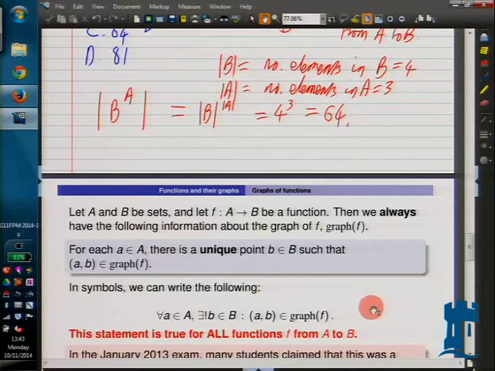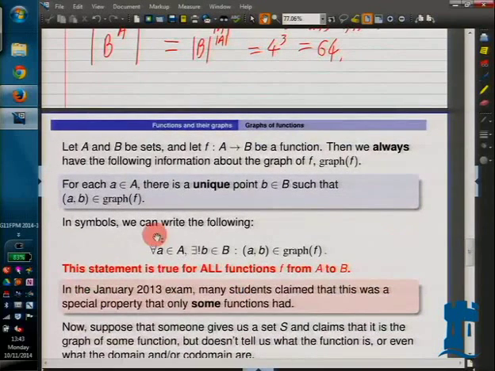Symbols, useful to have a notation for that. Get you used to this. For all, and there exists. For all a in A, it's true that there exists a unique b in B. That exclamation mark in there means that it's telling you more than just there exists a b, but it tells you there's exactly one.